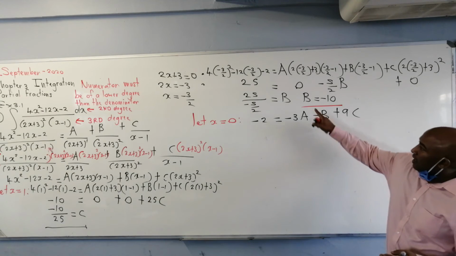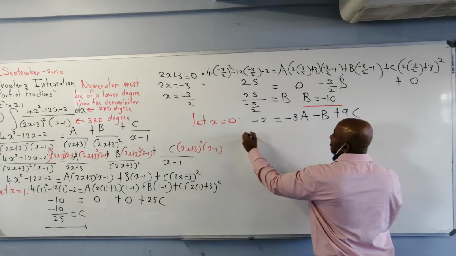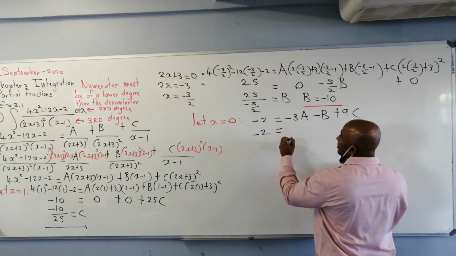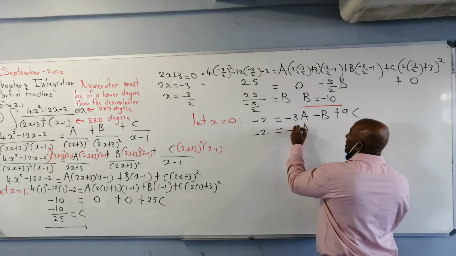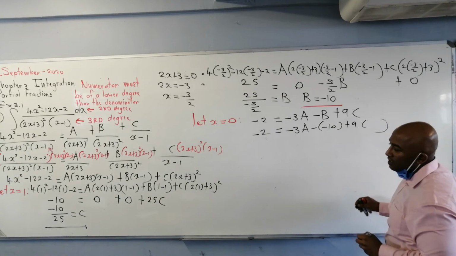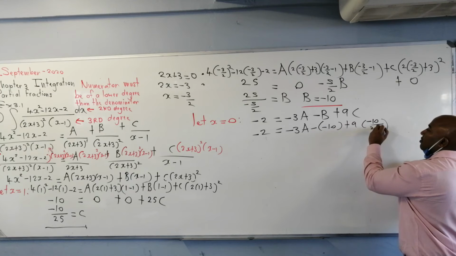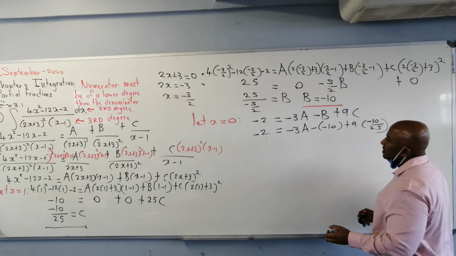So now, I know that B is minus 10. Let's substitute and work it out. So that's minus 2 is equal to minus 3A minus 10 plus 9 times C. What was C? Minus 10 over 25.